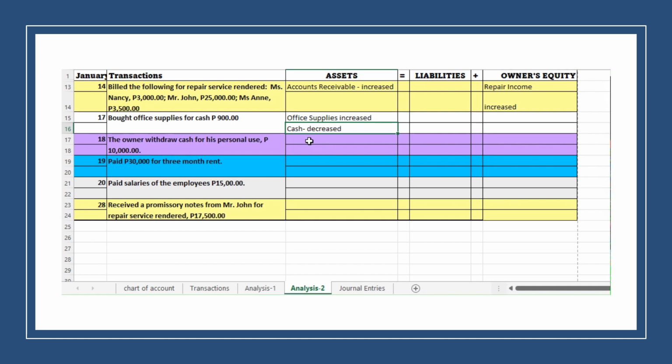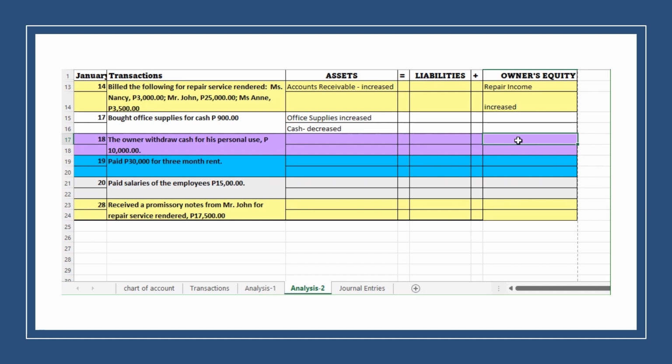Okay. Now, January 18, the owner withdrew cash for his personal use, 10,000. We have the so-called contra owner's equity. And it is drawing. So, if we have masipag capital in this example, we have masipag drawing as contra owner's equity.